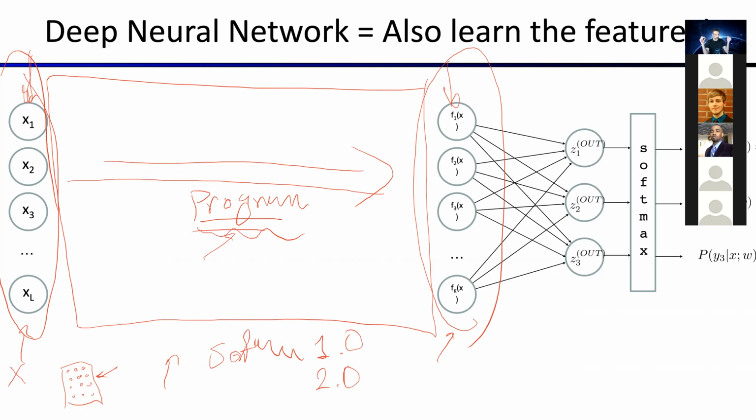In software 1.0, you write programs such as C++ or Python code that transform these inputs to your feature space by writing explicit programs that exploit the knowledge inside your head, what is important for this learning task.